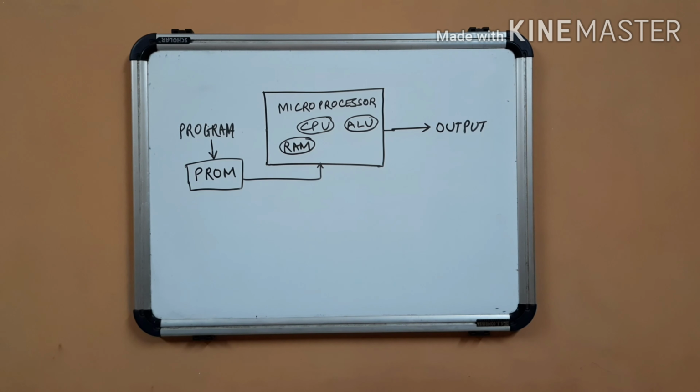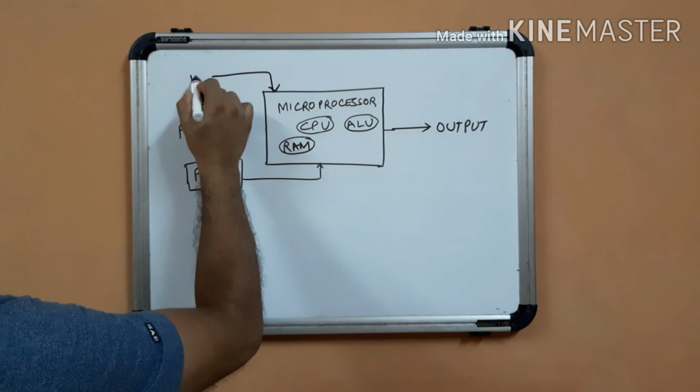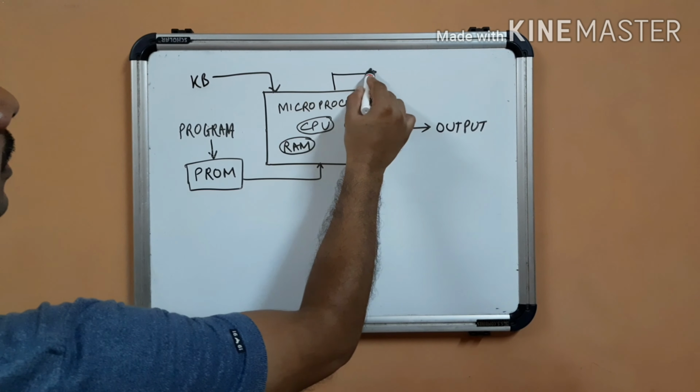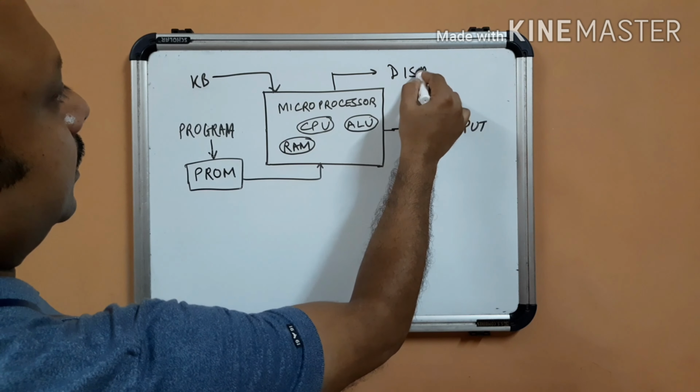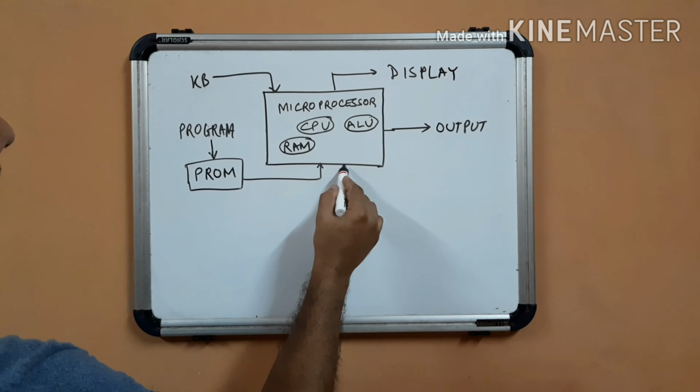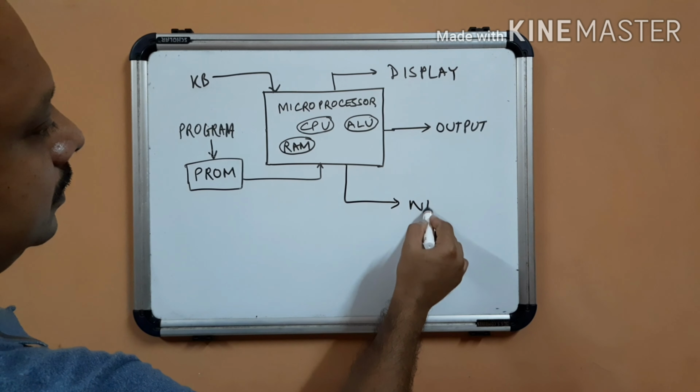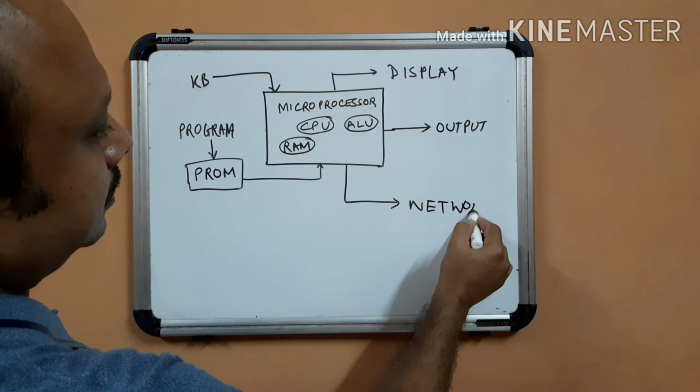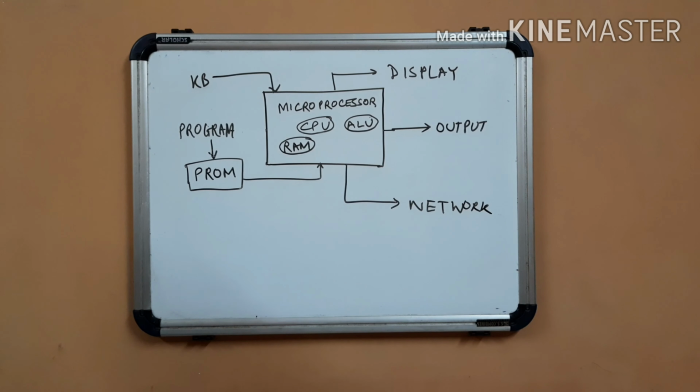But as time went by, even the microprocessor wanted a few other things. Like in a computer, we have input and output devices. We have a keyboard, we have a display, we have a network connection, and many other such devices which are connected to the computer, which you can already see in your home or office.